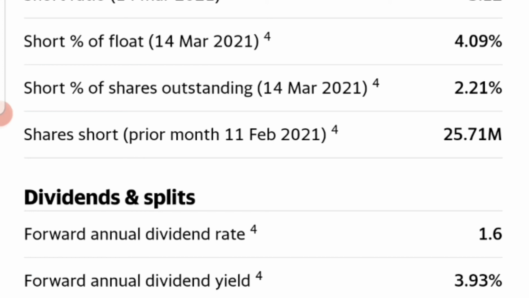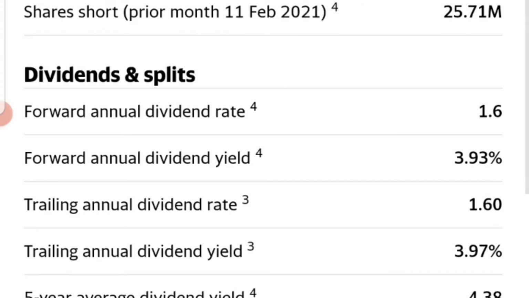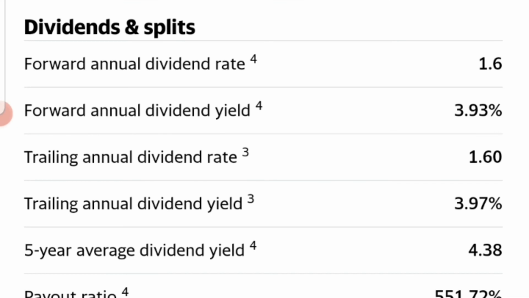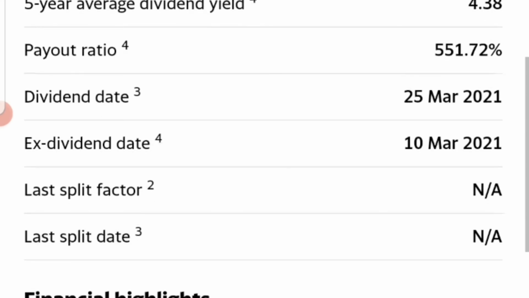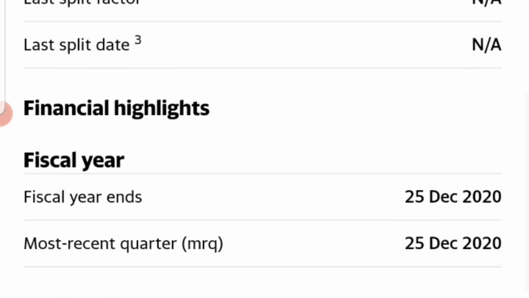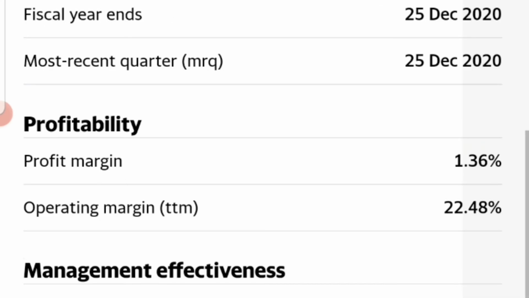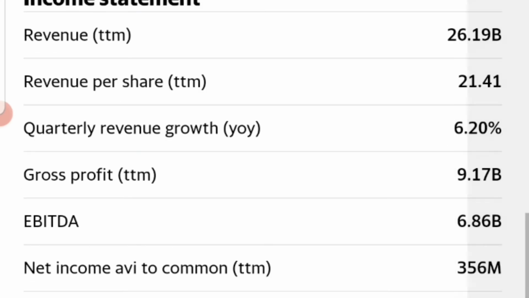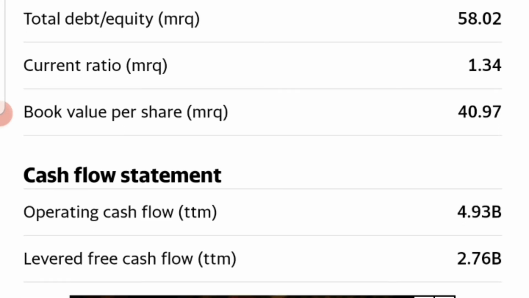You know, held by institutions, basically 80%. These companies, stable companies, a lot will be held by institutions. Basically, it's a good stable company.